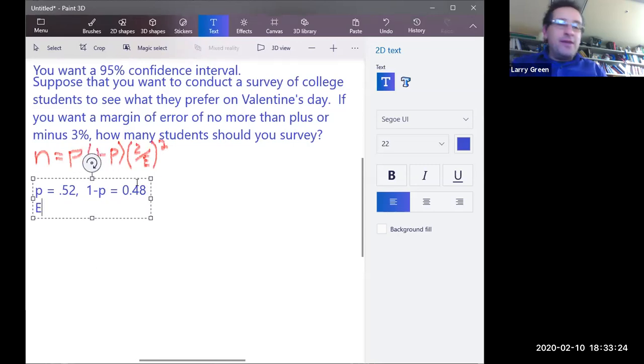And we know E is equal to 3%, or 0.03. The plus or minus doesn't matter because you're squaring it and the negative will go away when you square it. Any questions so far?